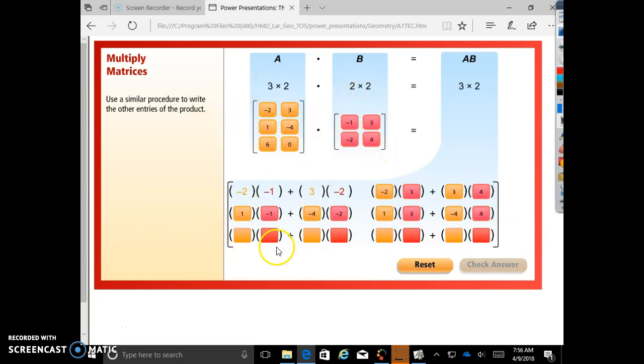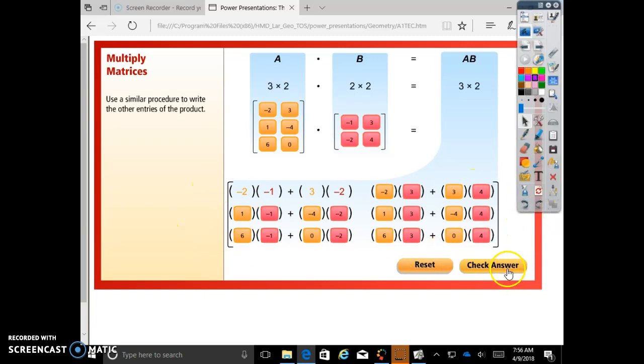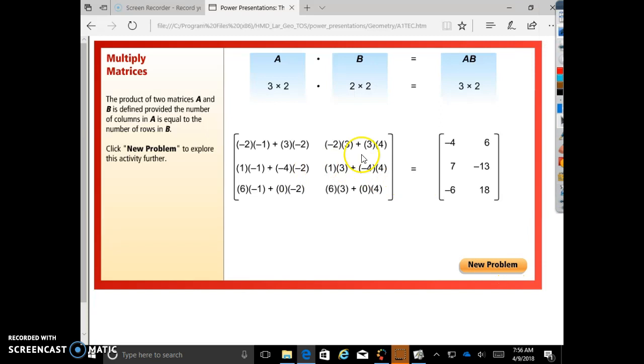Row 3, column 1. Row 3, column 2. Do you guys see how these are all column 2, column 1? And then these are the same for the rows. And then when we just simplify all this, we get our matrix.